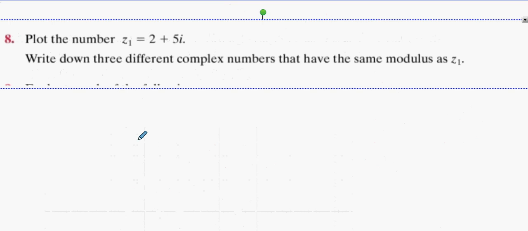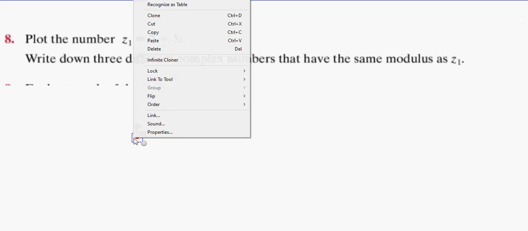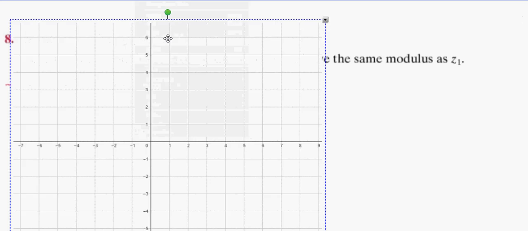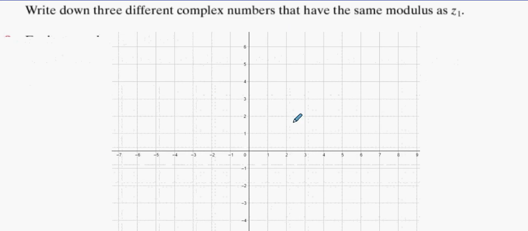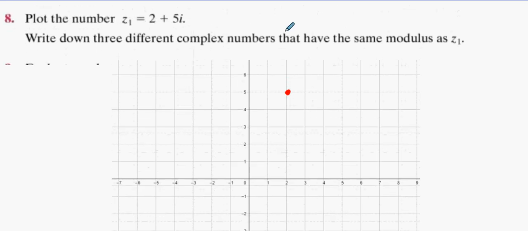Alright. So, paste. Deadly. Alright. 2 plus 5i, where's that located? Anybody? 2 across and 5 up. Now, does anybody know what a modulus is?